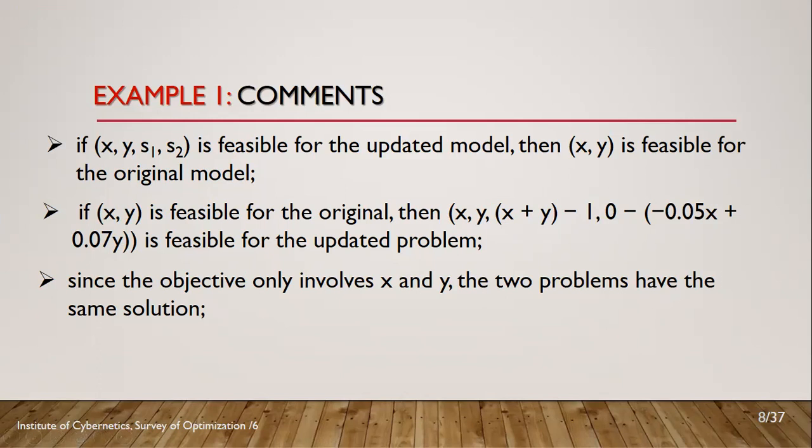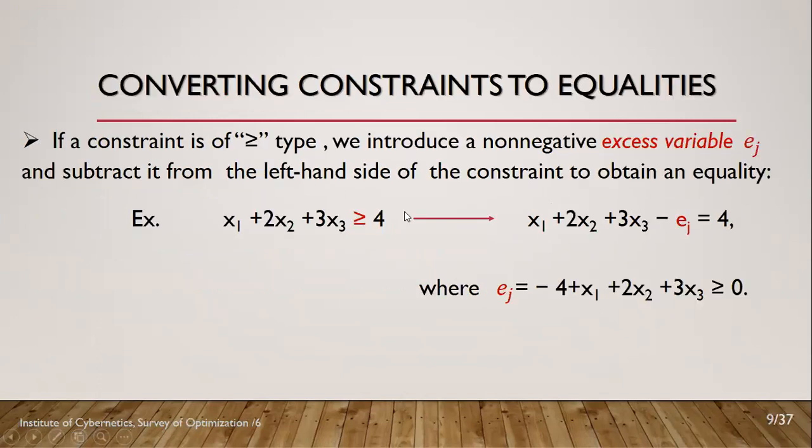Here we distinguish two cases: when the relationship is of greater than or equal type and of less than or equal type. If a constraint is of greater than or equal type, we introduce a non-negative excess variable denoted as E sub j and subtract it from the left-hand side of the constraint to obtain an equality.